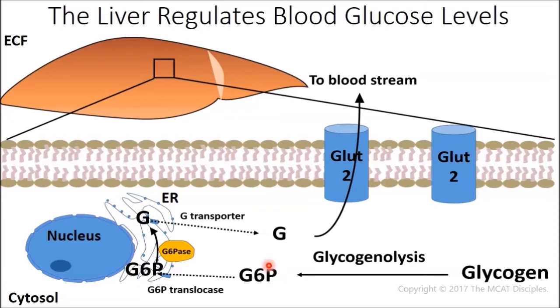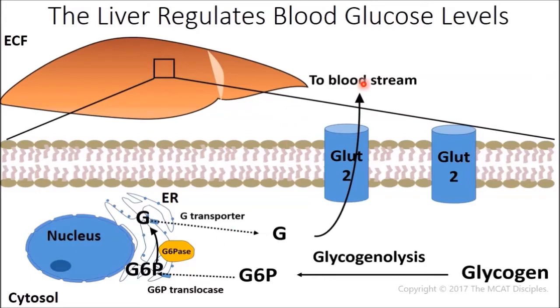It's all functioning to regulate blood glucose levels, so we need to convert glucose-6-phosphate into glucose to send that out into the periphery. We do that with glucose-6-phosphatase, found within the lumen of the ER, which converts glucose-6-phosphate into glucose, which is then transported out into the cytosol, and can then go out via GLUT2 transporter into the bloodstream.